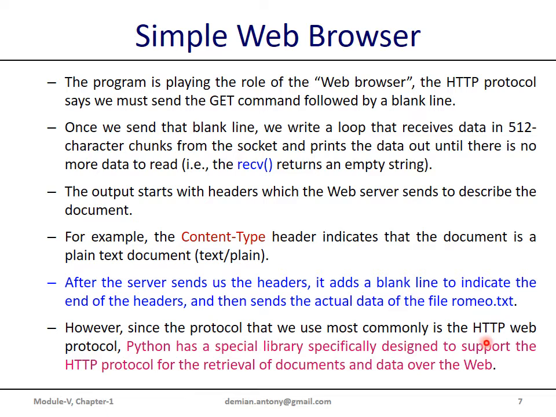Since HTTP is widely used in web applications as an application layer protocol for communication between two processes over the internet, a network, or the World Wide Web, Python has a special library designed to support the HTTP protocol for retrieval of small documents as well as large documents, including binary documents over the web.